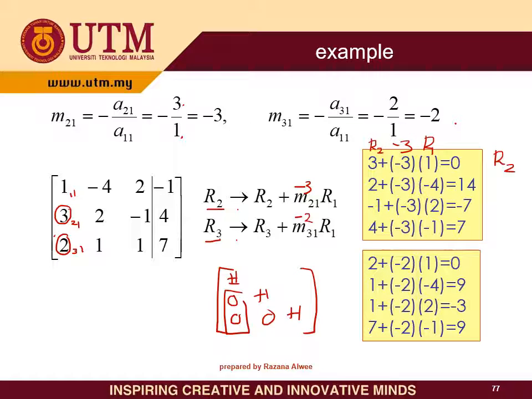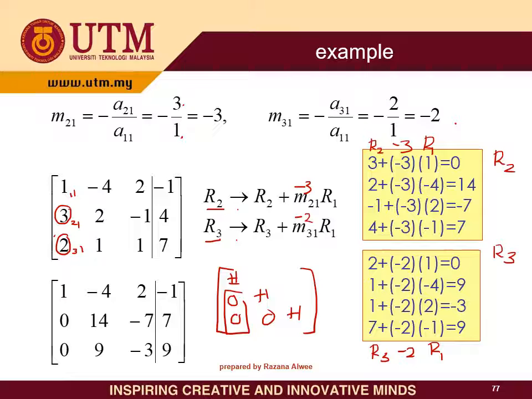And this is R3 plus negative 2 times R1, and this will give our new R3. As you can see, both of the first entries, 2 1 and 3 1, become 0 as in our row echelon form. When you do the calculation here, you will get 0 for 2 1 and 3 1.